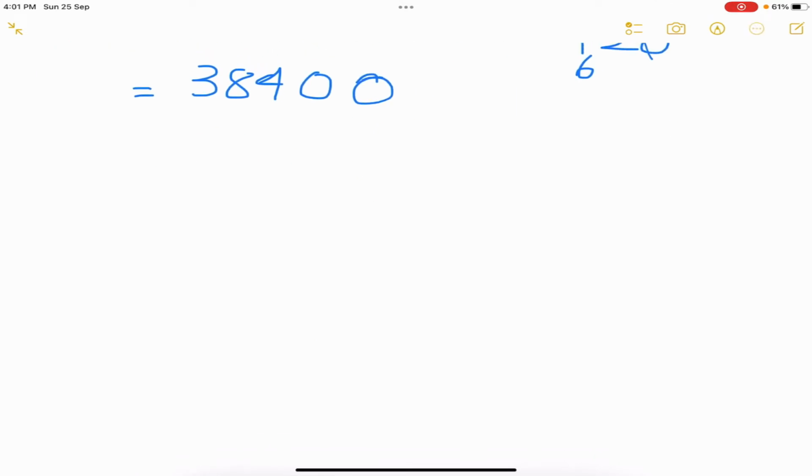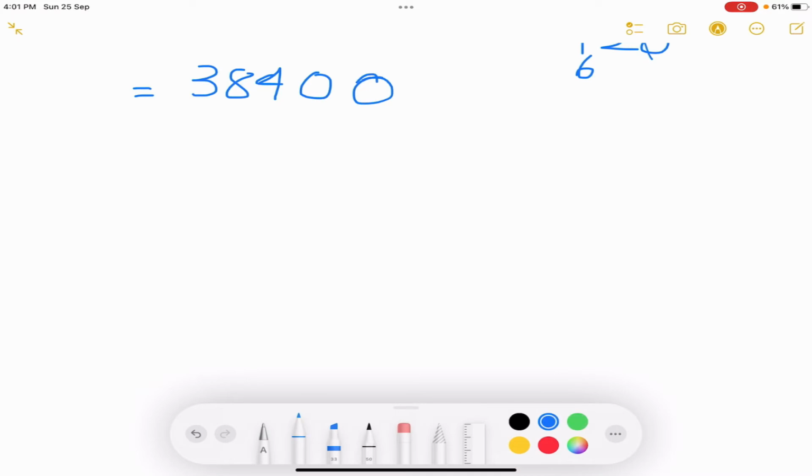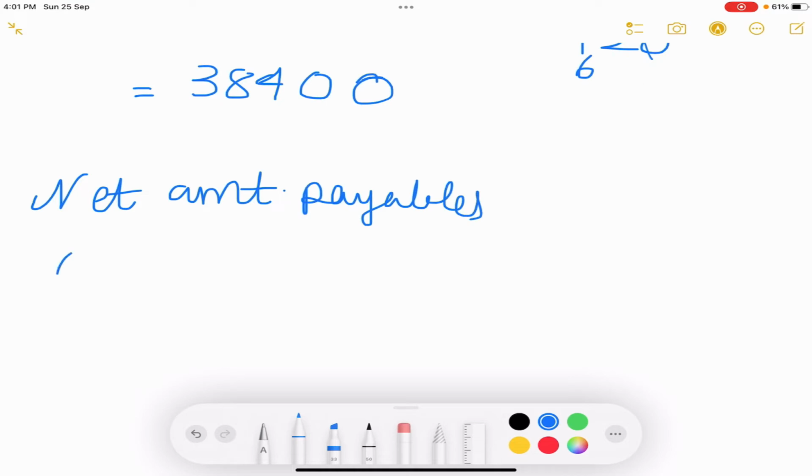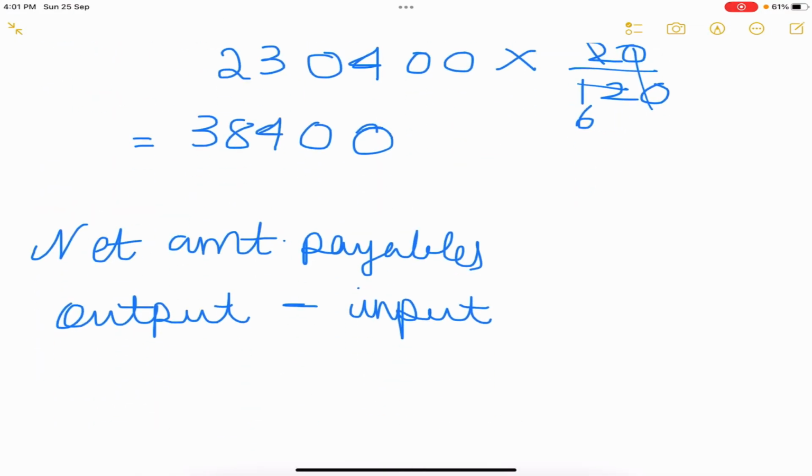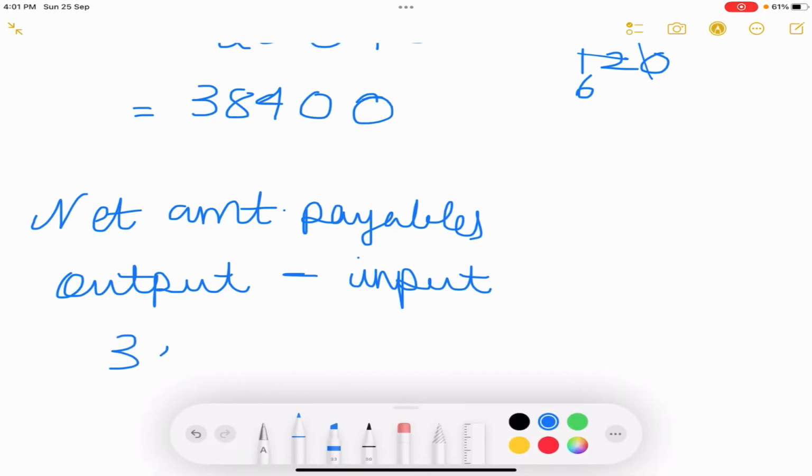So now we have the input tax and we have the output tax. So what is the net amount which is payable? It is the output tax, which is due, minus what you've already paid, minus input. So that will be nothing but 38400 minus the input tax.